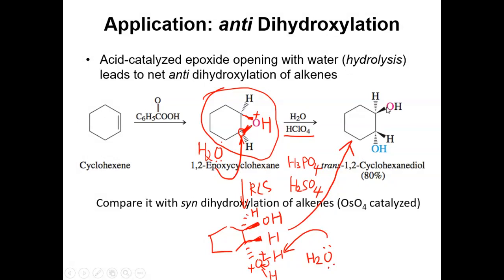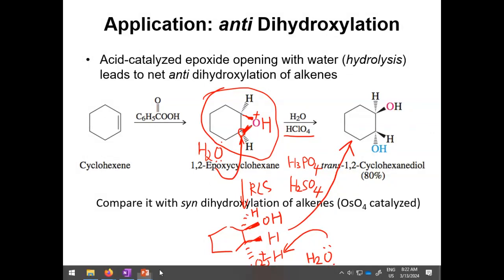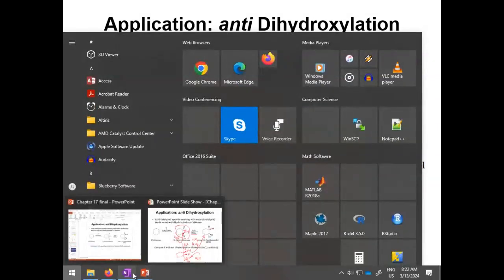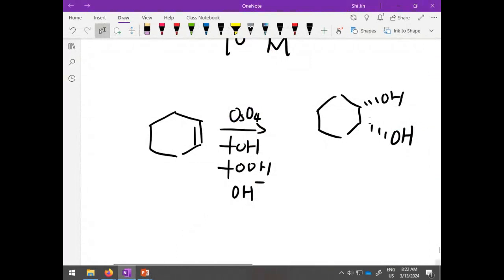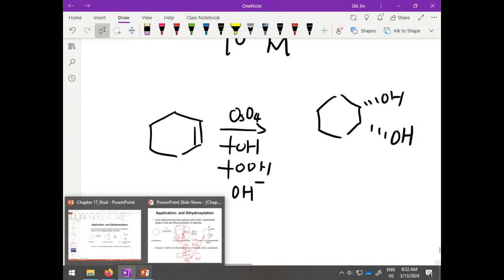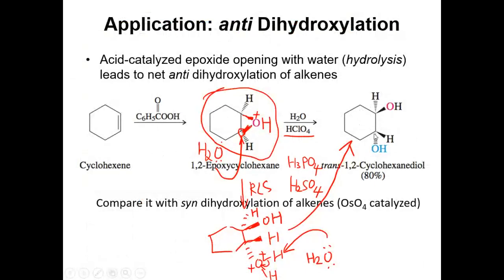One OH is above the ring, the other is below the ring. In chapter 16, we saw the syn dihydroxylation of alkene using osmium tetroxide as a catalyst. The syn dihydroxylation gives you the cis diol, and the anti-dihydroxylation gives you the trans diol.